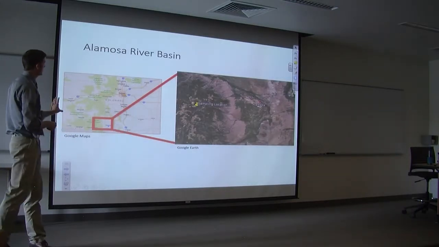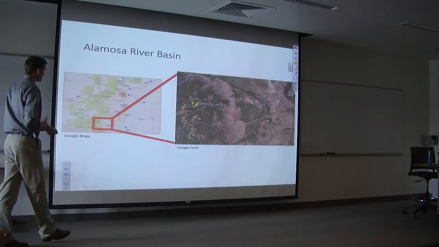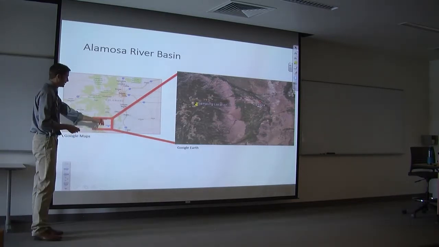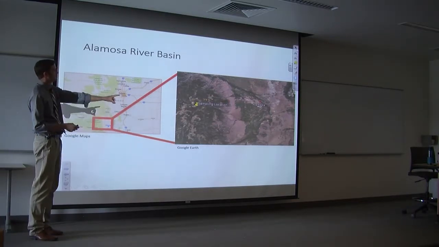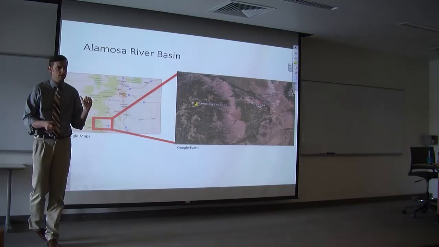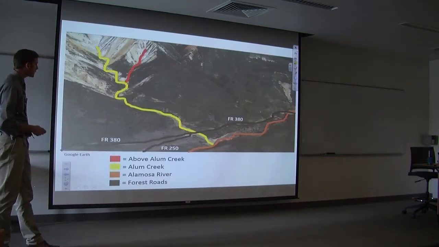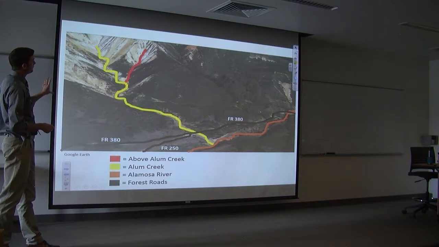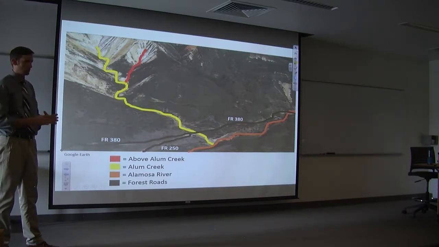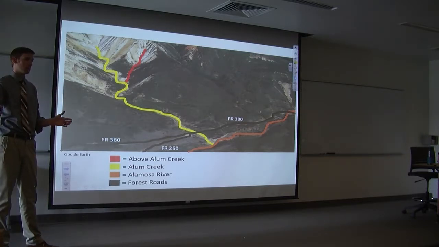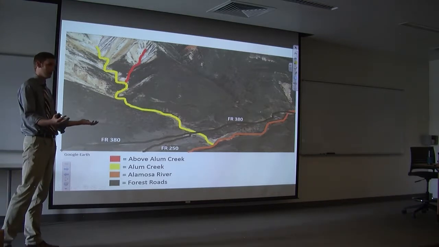For our study, we focused on the Alamosa River Basin. This is a map of Colorado for reference. When we zoom in, directly west of Alamosa is our sampling location. And this is an image of where we sampled because we wanted to sample along a gradient to be able to observe differences in microbial community.